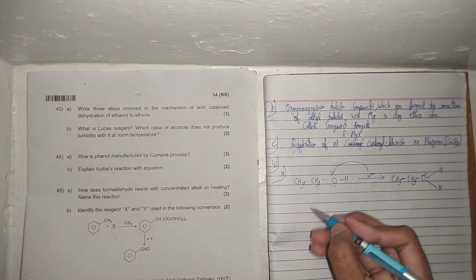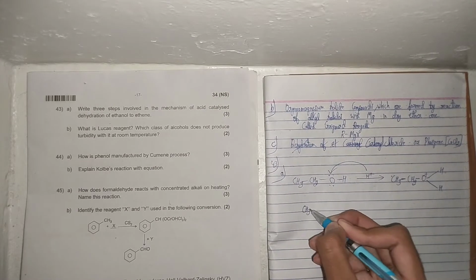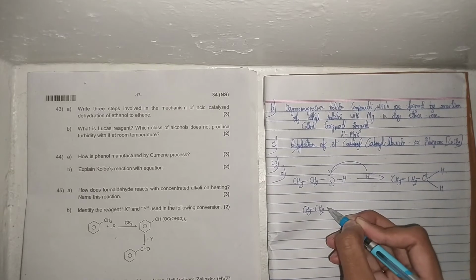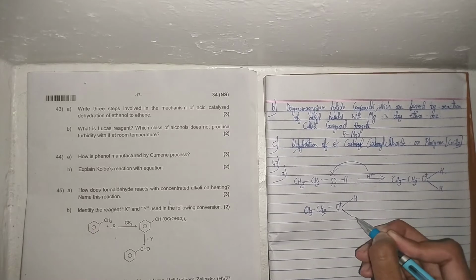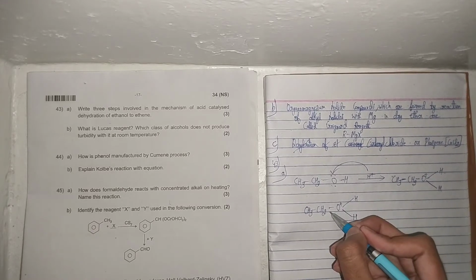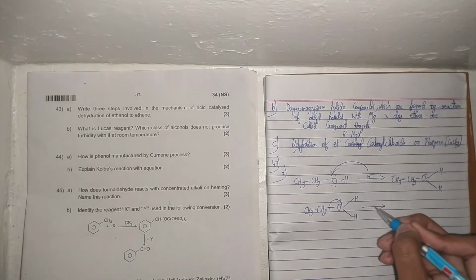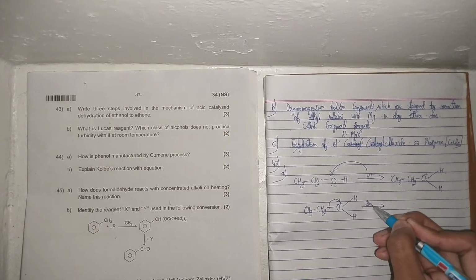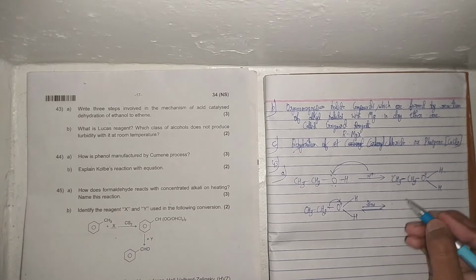Then after this, the next one is the ethanol, CH3CH2OH plus H+. Here it is very slow. It is reversible also, so it is very much slow.